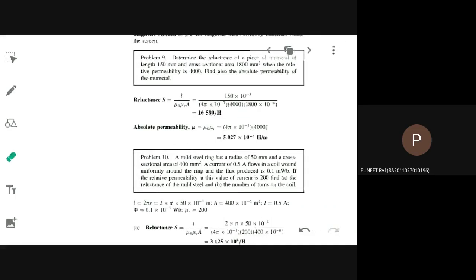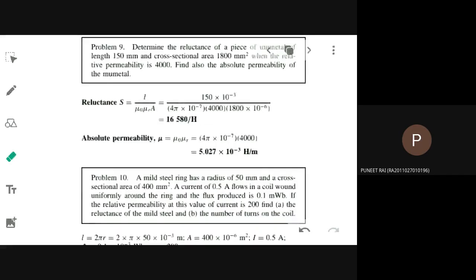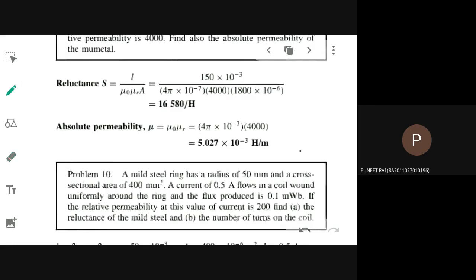Okay, try to solve problem number 10. A mild steel ring has a radius they have given. Radius is 50 mm, so you have to convert that to meters. Area they have given, that you have to convert into meter squared. I is given 0.5 and flux is given in milliweber, so you have to convert that into Weber.